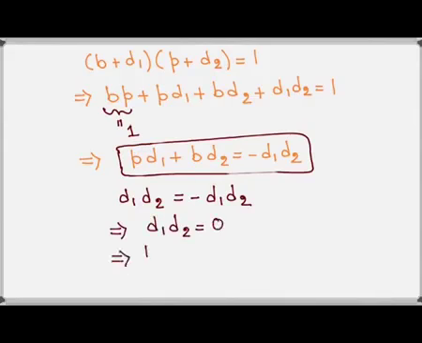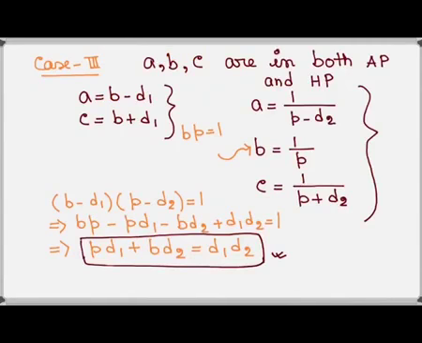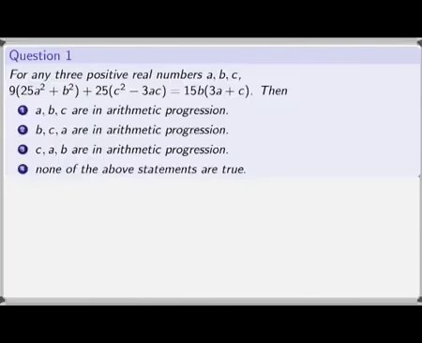That is D1 is equal to 0 or D2 is equal to 0. In either of the cases, we get A is equal to B is equal to C. Hence, we see that if three terms are in more than one type of progression, then they must be equal. This is our first question.